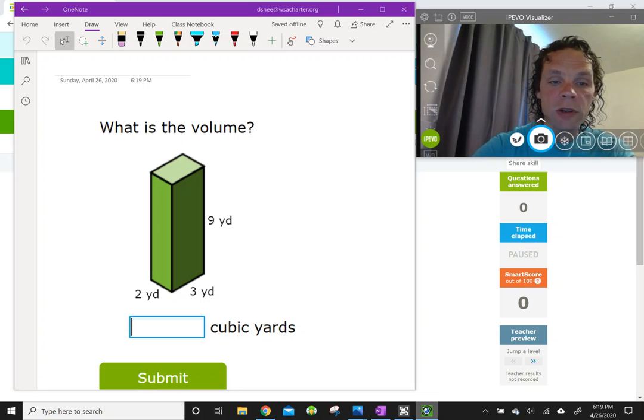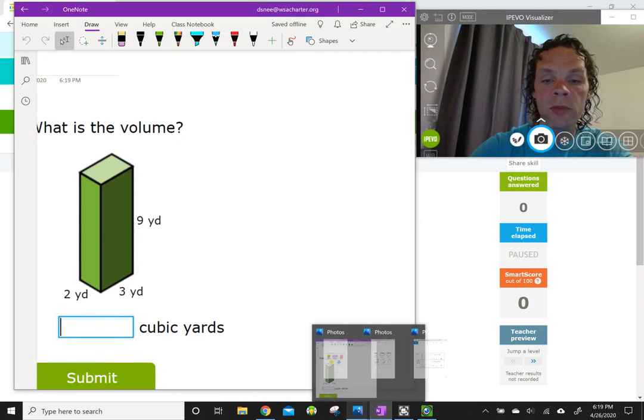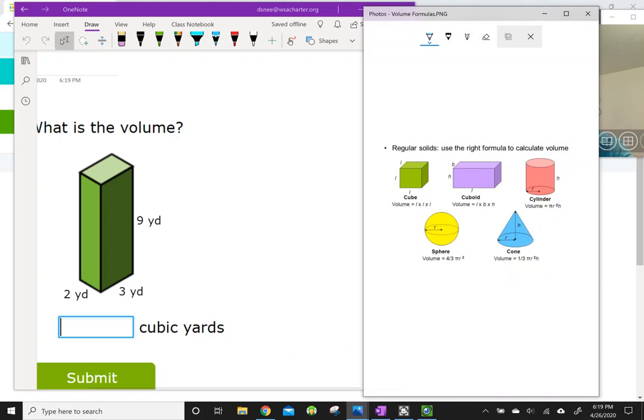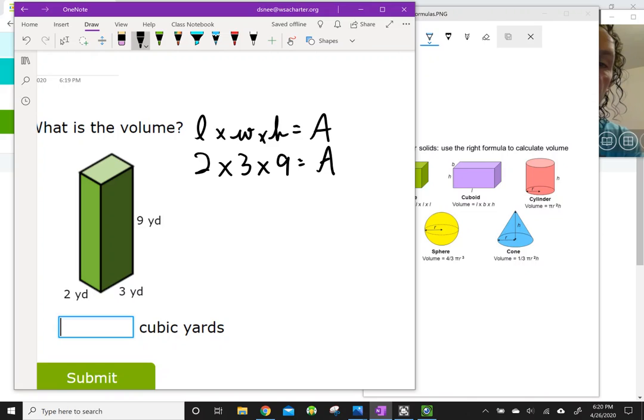All right, so it says what is the volume? And we know that to find the volume of a rectangular prism, if we don't know, we can just look right here and it shows us that we find the length times the width times the height. So 2 times 3 times 9, because volume equals length times width times height.